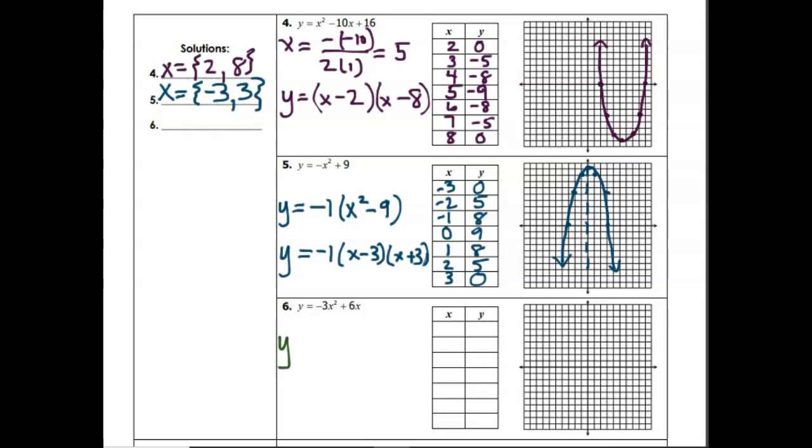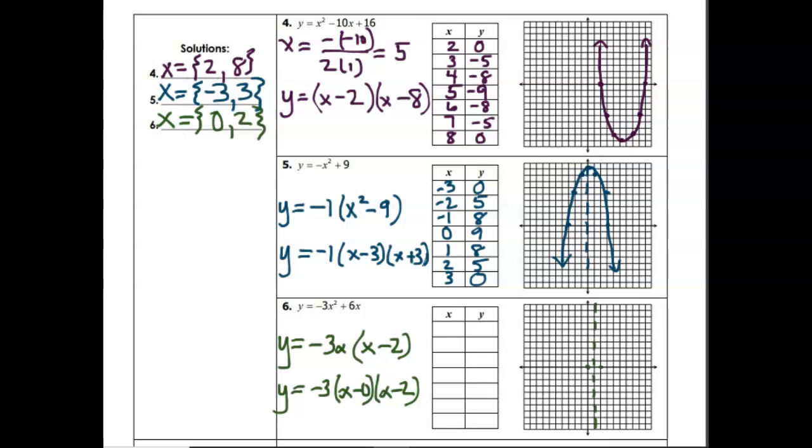The last one here we want to take a look at is when we factor out the greatest common factor. Notice we're going to get -3x times x minus 2, and it doesn't quite look like factored form, but imagine that the x is really x minus 0, and so that will give us our two solutions at 0 and 2.